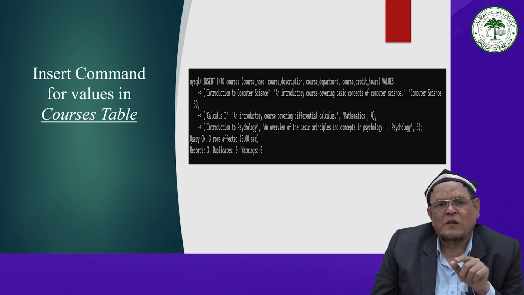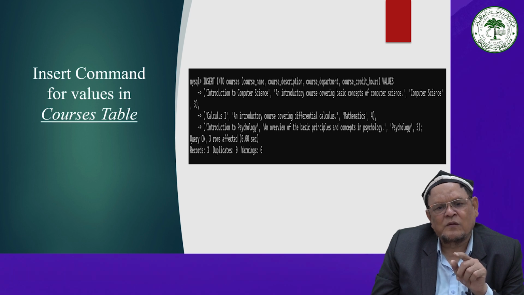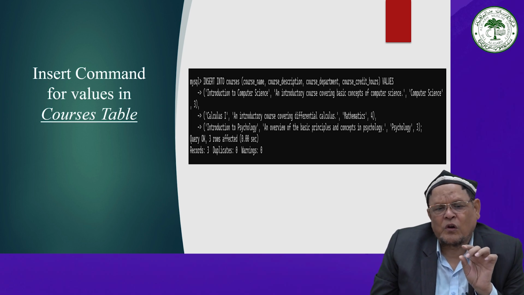Within parentheses, write in single quotes, Introduction to Computer Science, and an introductory course covering basic concepts of computer science, then the course department, computer science, and the course credit hour is 3. Close the bracket. Then if you want to add more, within parentheses you write Calculus 1 in quotes, then an introductory course covering differential calculus, then mathematics, comma 4. It means 2 records you can add.